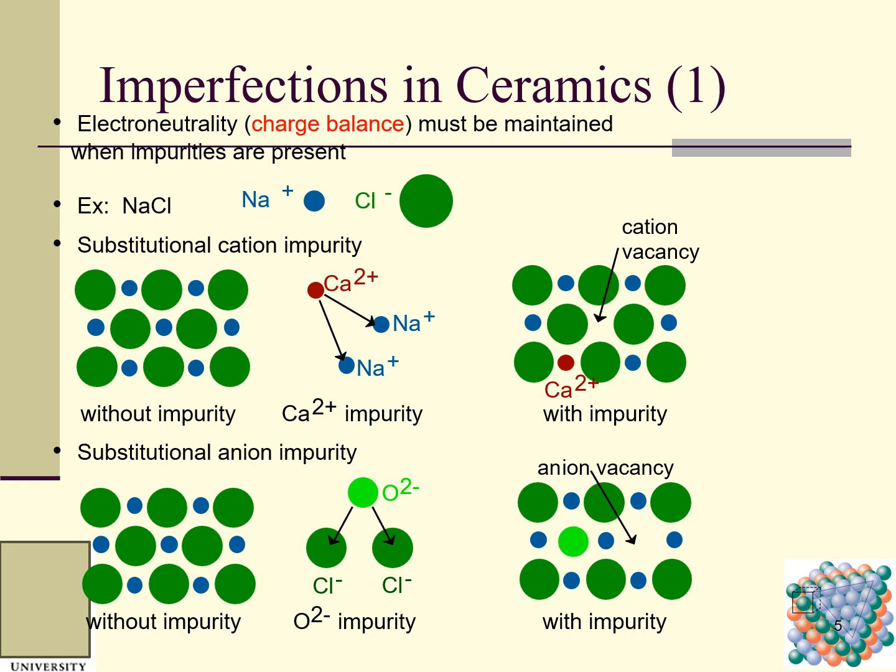So that means one oxygen ion can substitute two chlorine ions, and so you can see here, we need to delete one chlorine ion in order to maintain electroneutrality. So this is very important, guys. Any questions regarding this slide?